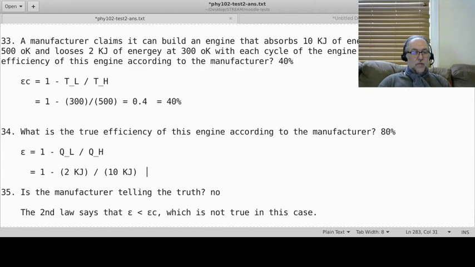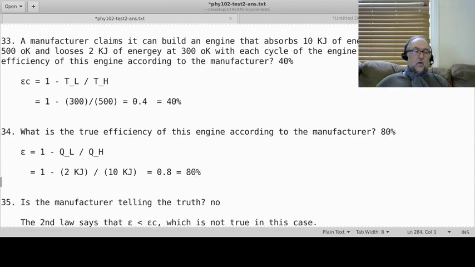If you work that out, that works out to be 0.8 or 80%, okay? So the company, the manufacturer, is claiming that the true efficiency of this heat engine is 80%, which would be remarkable, okay?